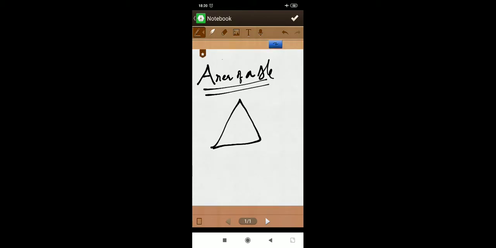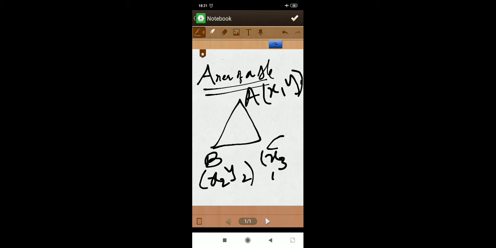Let us consider a triangle ABC. It has coordinates x1 y1, x2 y2, x3 y3.